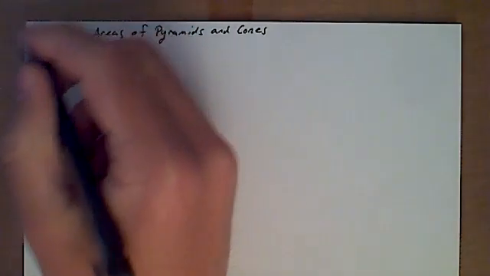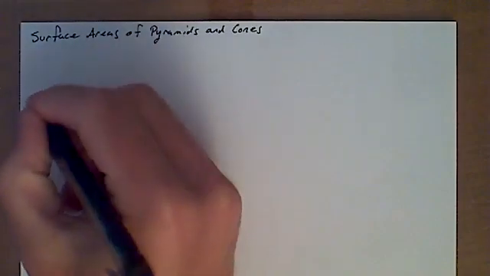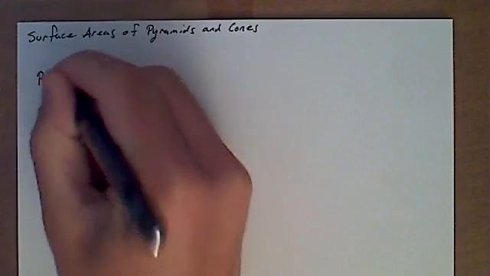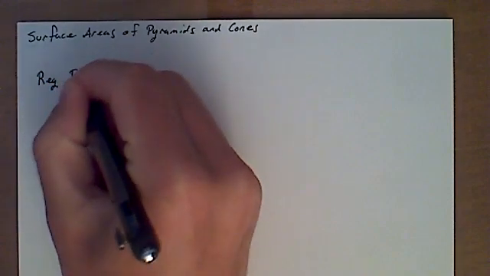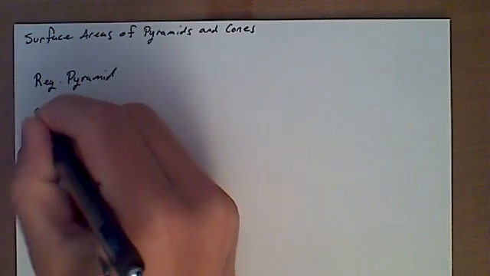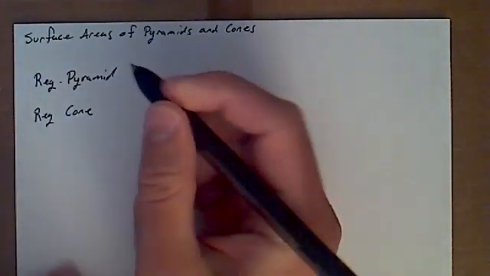So the two formulas that we need today would be if we have a regular pyramid, or if we have a regular cone.